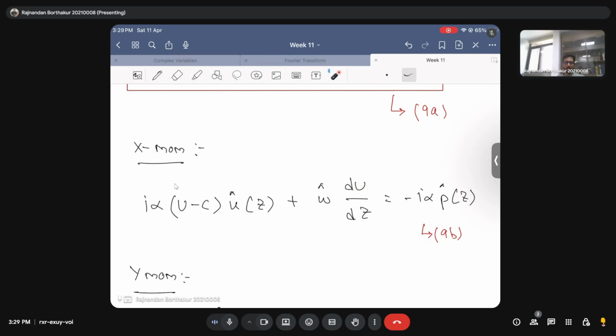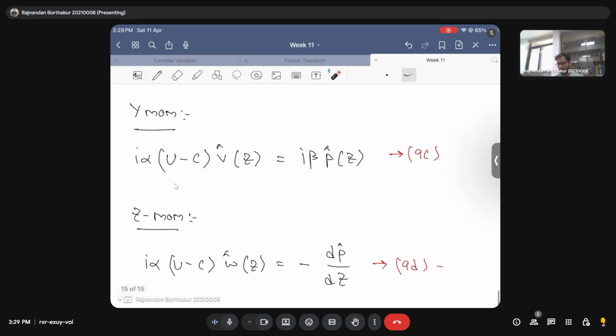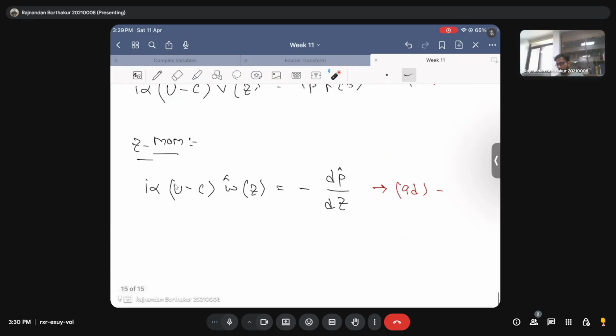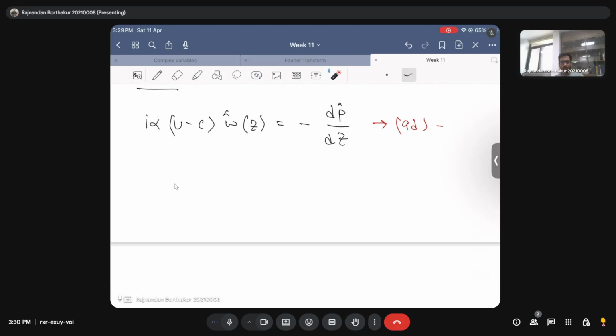In principle, we need to calculate the wave numbers and the corresponding eigenfunctions, the hat quantities. The challenge is that we have four variables and four equations, but alpha and beta are themselves unknown.